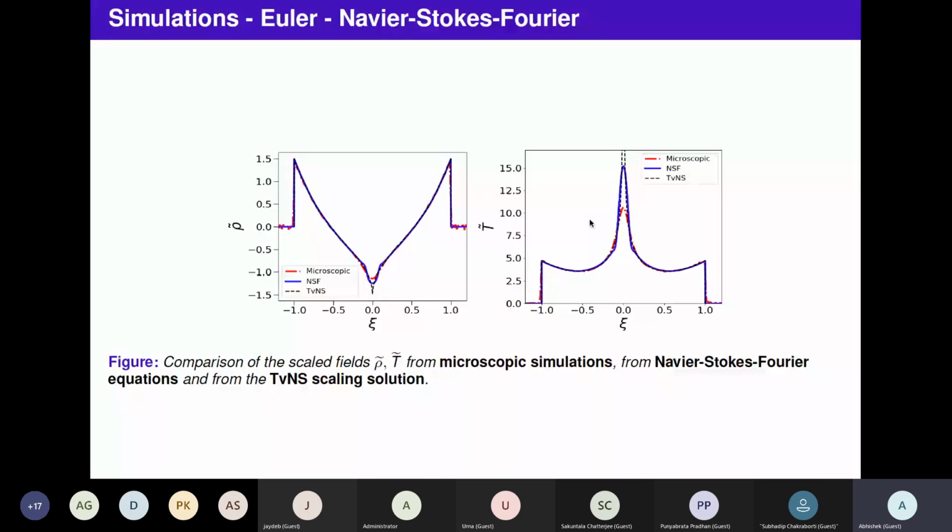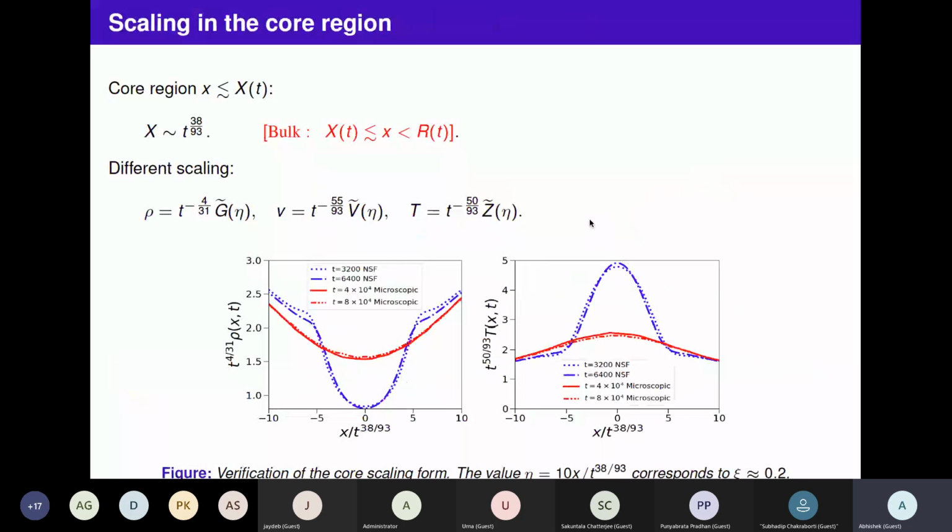So this is the main conclusion, and basically that means there are two scaling regimes. One is outside the core where we have this Euler scaling, and inside the core we have a different scaling. In this region, this is how the fields scale. This is the scaling solution.